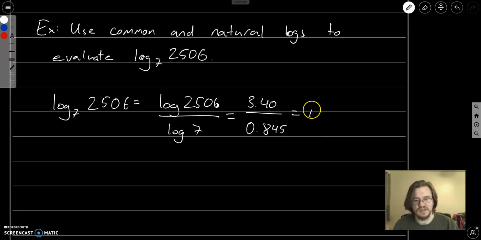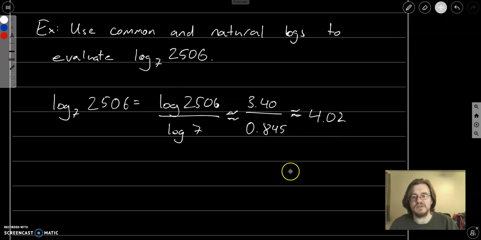When we divide these, we'll get about 4.02. This, by the way, I didn't round. I just plugged both of these in and divided their exact values. But again, common logs, we can type into Google. Most scientific and graphing calculators will have a log button as well.